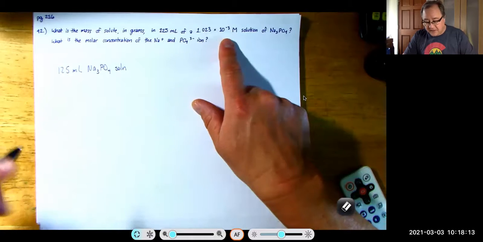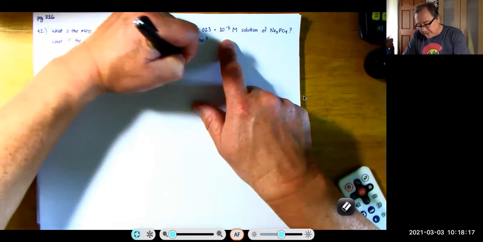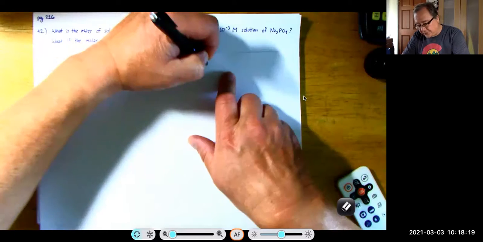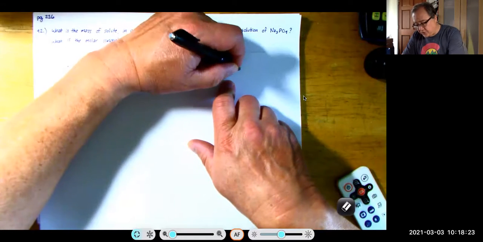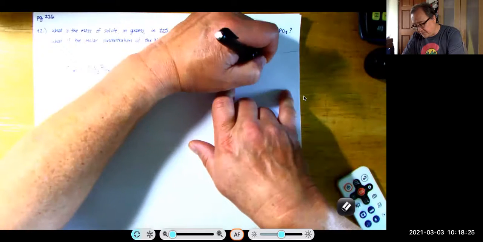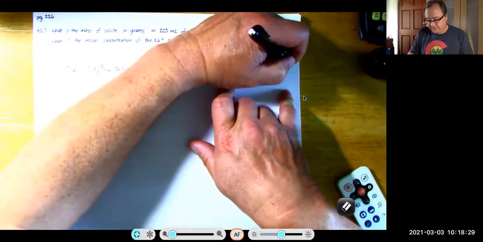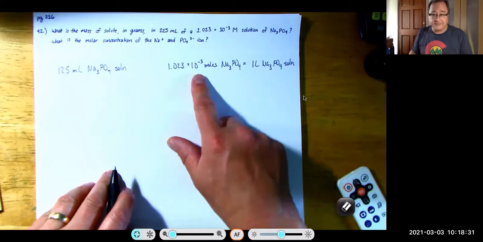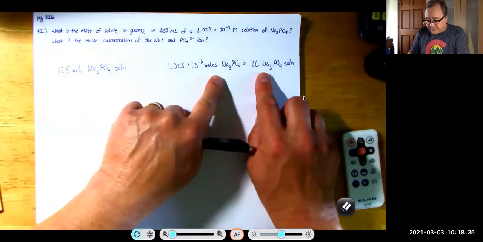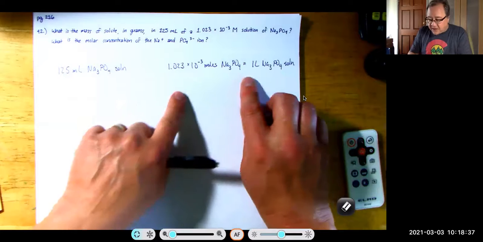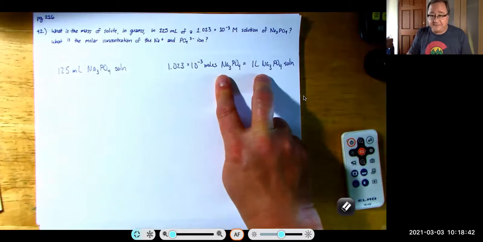So rather than write it this way, I'm going to write 1.023 times 10 to the minus 3 moles of sodium phosphate is equal to 1 liter of sodium phosphate solution. So that's moles per liter. And the reason I'm writing it this way instead of as a ratio is because if I write it this way, I'll be comfortable using either side on top or the bottom, depending on what I need.